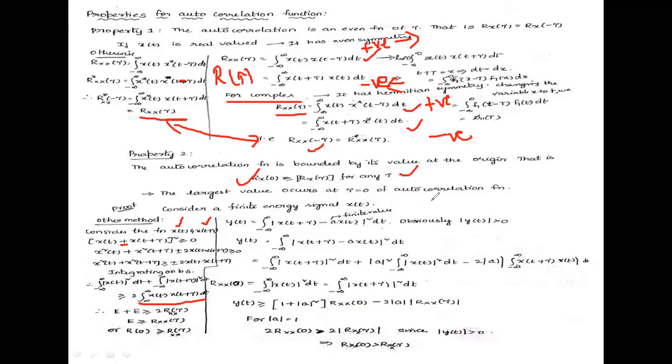The autocorrelation function is bounded by its value at the origin. Bounded means it is in between finite values only. That is, Rx of 0 is greater than or equal to Rx of tau, or Rx of tau is less than or equal to Rx of 0.